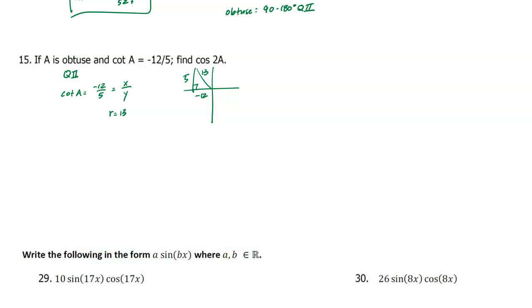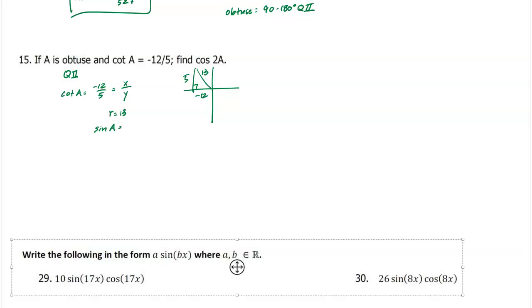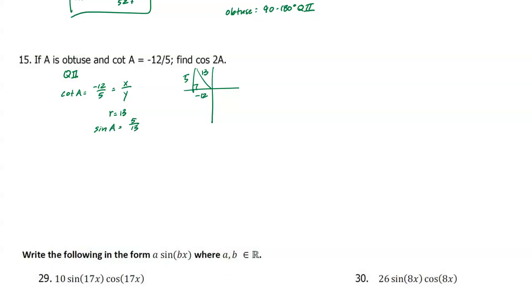So I need to find the sine of A, because I need to do cosine of 2A. Sine of A is going to be y over r, 5 over 13. Cosine of A is going to be negative 12 over 13.